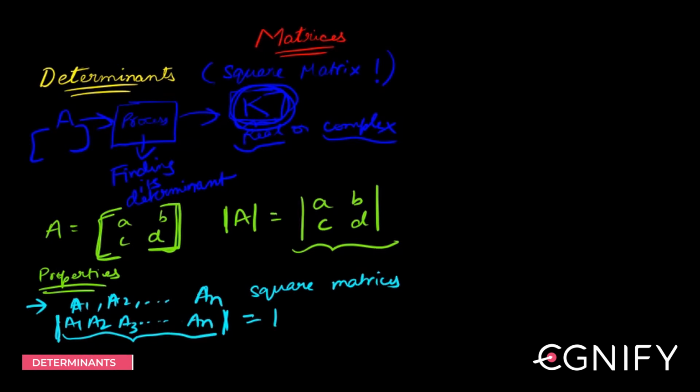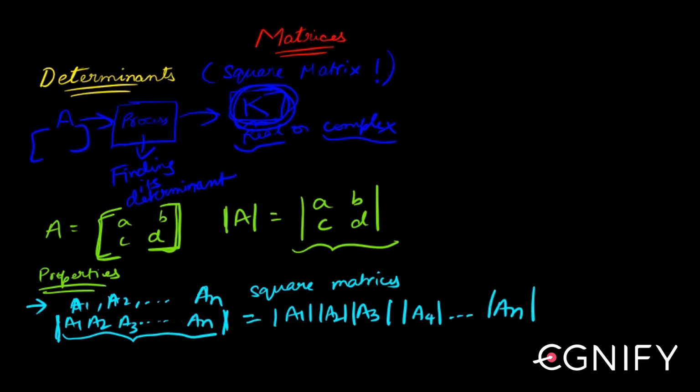This will be equal to the product of their individual determinants. The determinant of the product is the product of the determinants. That is the first property I wanted you to remember.